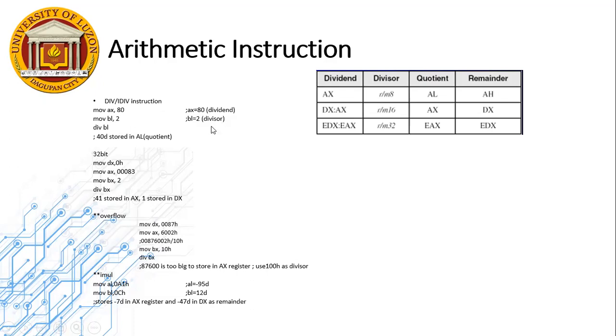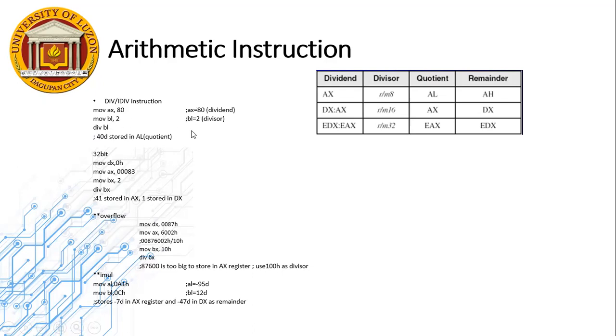So I'll be moving 80 to the accumulator register, AX, and moving a value of 2 to our BL, which is the divisor, and then just use the arithmetic instruction and call your divisor.